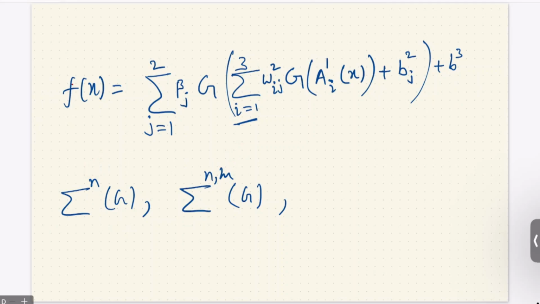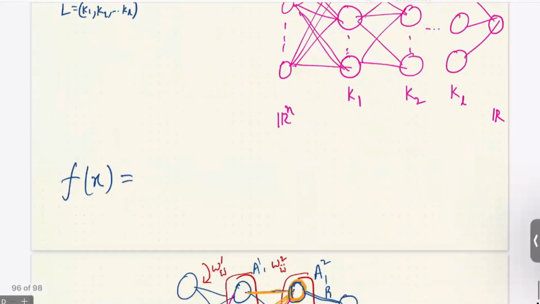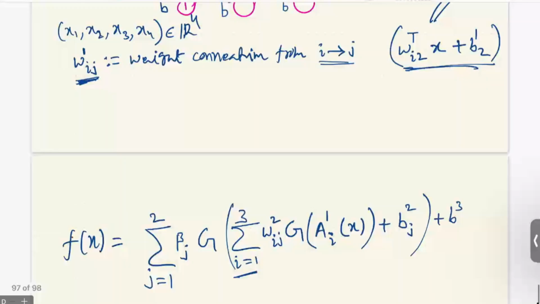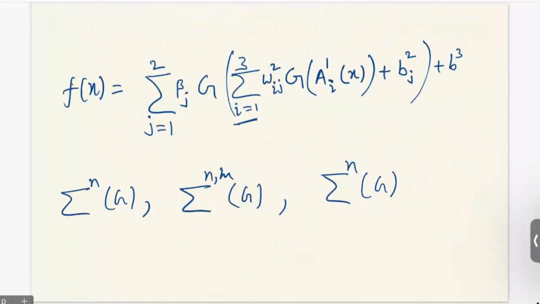And what else have we seen? The multi-layer, we can say, that is sigma. You can name it as sigma n of g with, did I mention any particular notation? Okay, I just mentioned here equal to k1 k2 kl. So the sequence, so that you can write this L equal to the ordered layers L1, L2, and so on, LK.